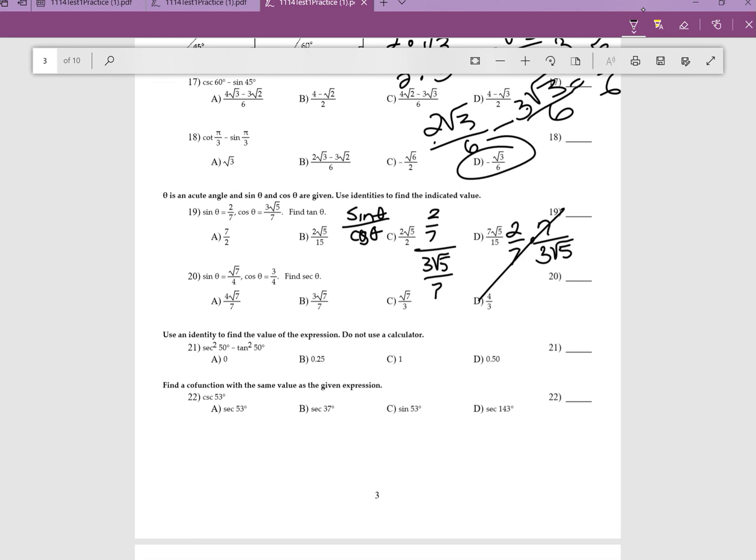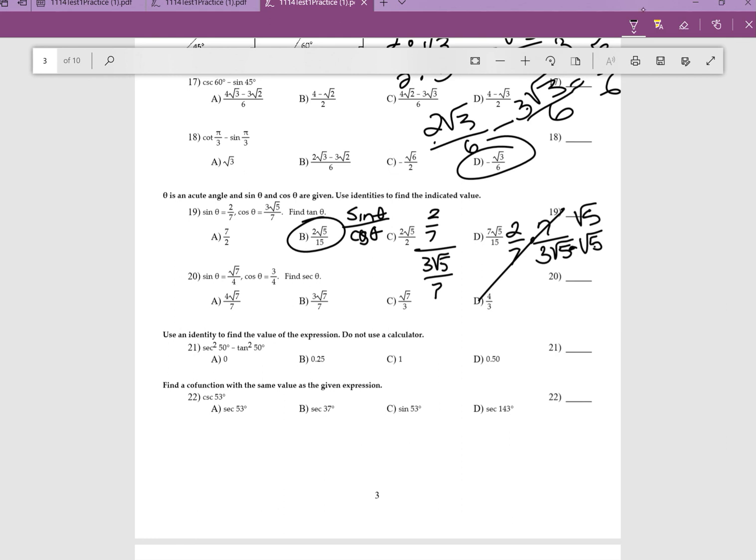The 7's cancel. And you're left with 2 over 3 square root of 5. But we don't like that. So we're going to multiply by square root of 5, top and bottom. And that's going to cancel. This is going to leave us 15 in the denominator, and that's going to give us 2 square root of 5 over 15. Answer choice B.